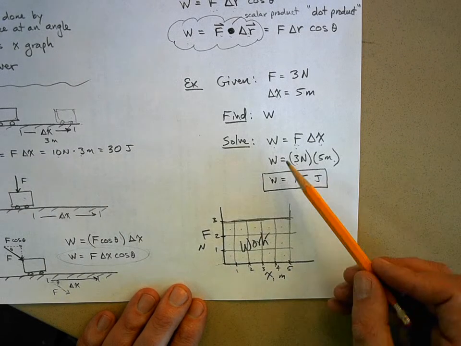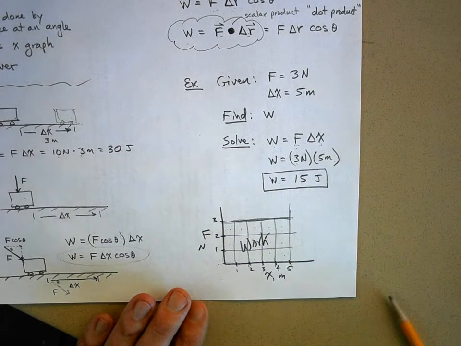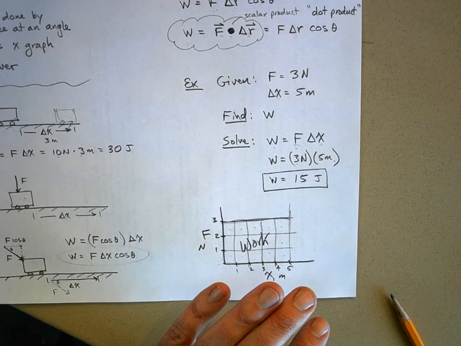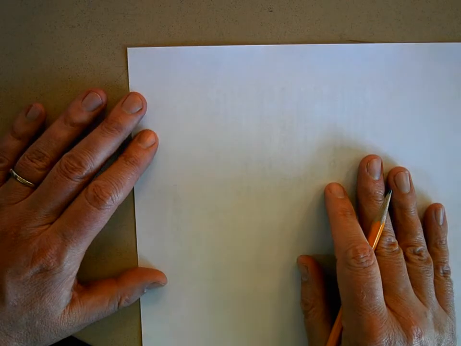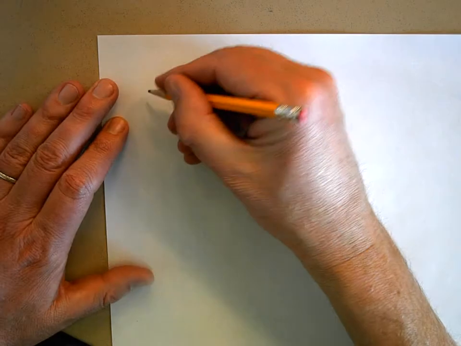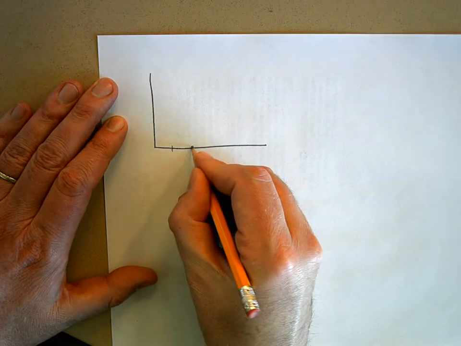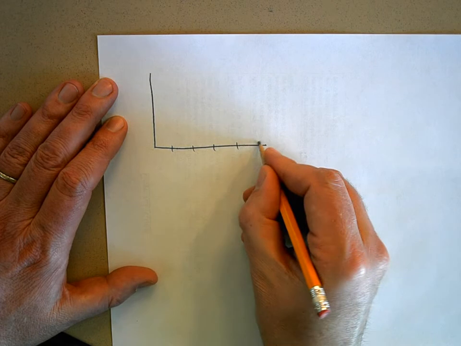Now, of course, you wouldn't do that for this problem. The force is constant. It's just a rectangle, big deal. But I could give you a problem like this, and you can run into problems where the force is not a constant. So let's do this, okay? 1, 2, 3, 4, 5.